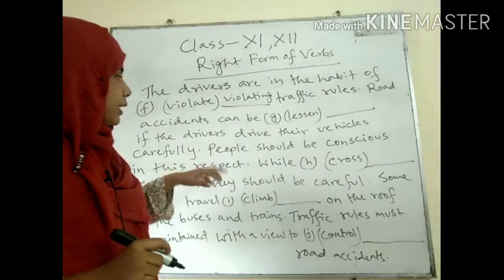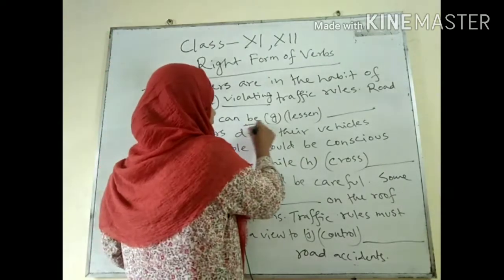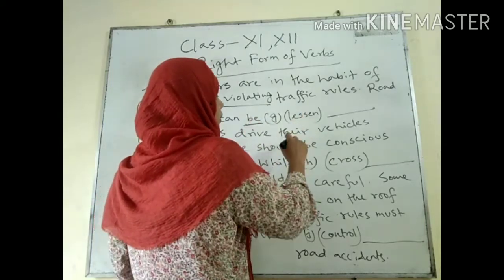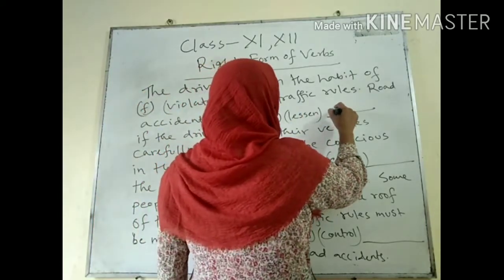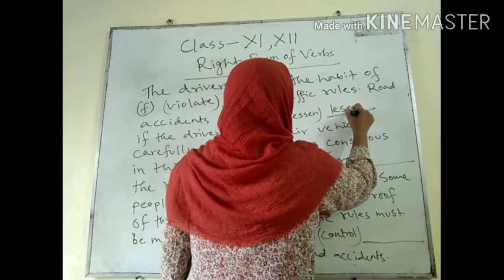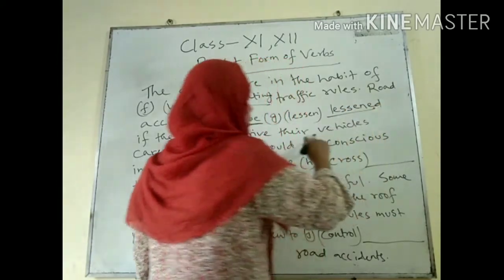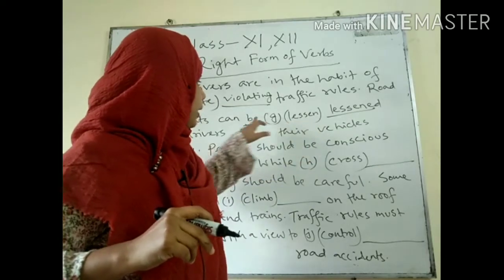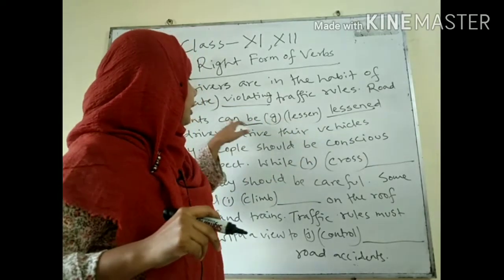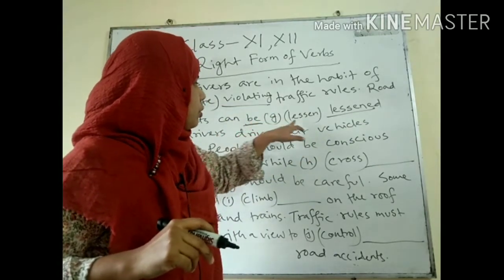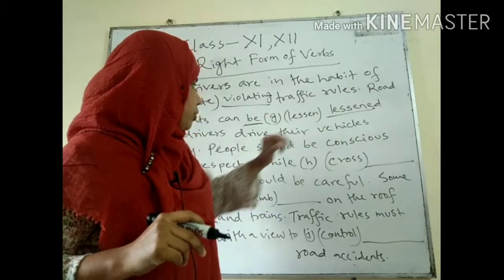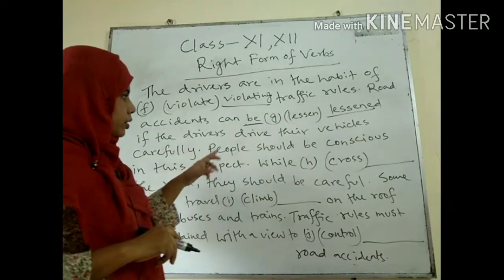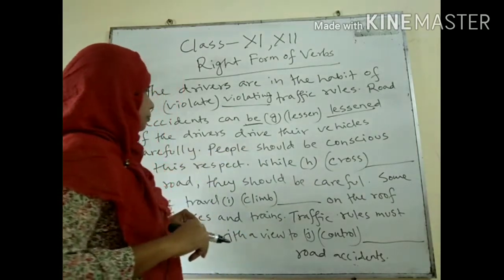Road accidents can be, here can be. So, if we have be before the verb, we add ed, lessened, or we make the verb V3, past participle. Okay. So, as we have be here, can be, may be, we have made it V3. The accidents can be lessened if the drivers drive their vehicles carefully.